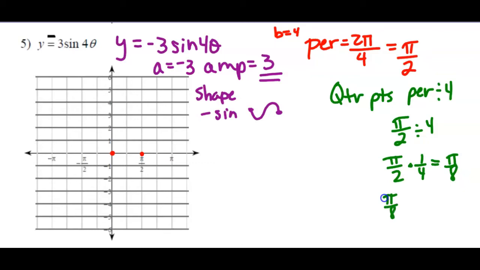So it's 1 pi over 8, 2 pi over 8, 3 pi over 8, 4 pi over 8, which is pi over 2, the period. Okay, so we need to reduce those as we go here. All right, so this shape, starting here, amplitude of 3 means it's going to go up to 3 and down to negative 3. But it starts here and finishes here, so halfway in between there, it's going down first.